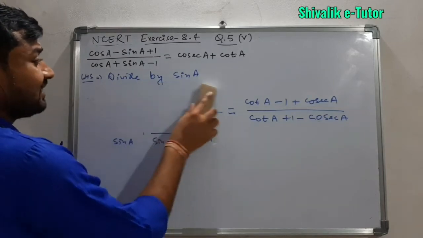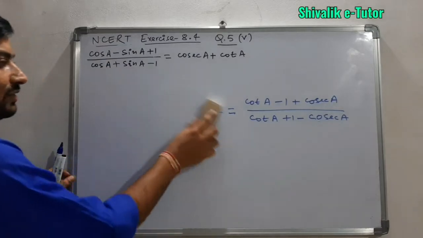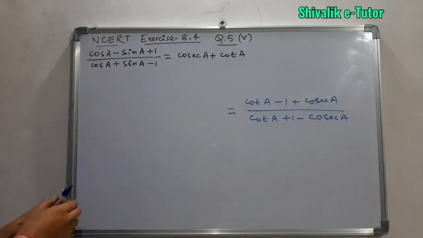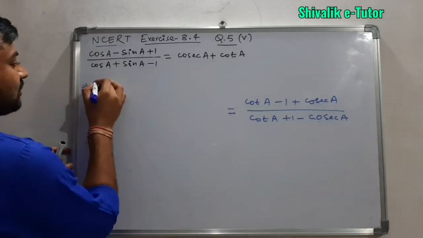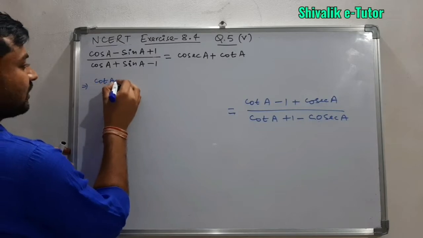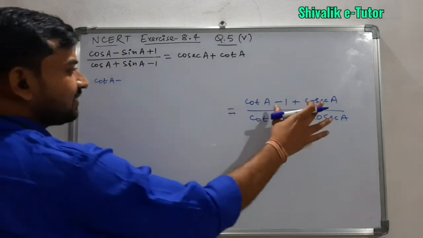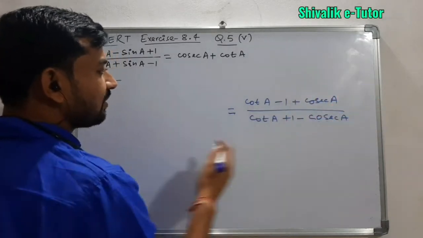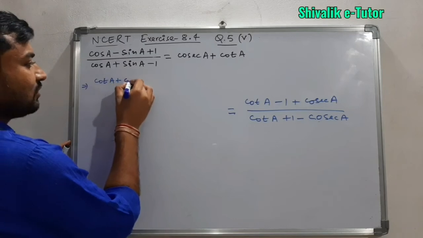So I am rewriting the revised question now here so that we can solve this further. The question becomes now cot A. We can rearrange this and write 1 after the terms, the trigonometric ratios.